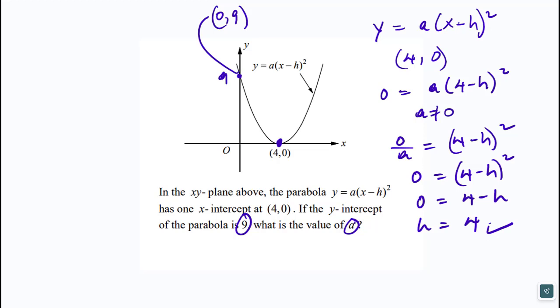So to find my a, I'm going to use the equation one more time. So this is y = a(x - h)². Now I'm going to use the coordinate (0, 9).